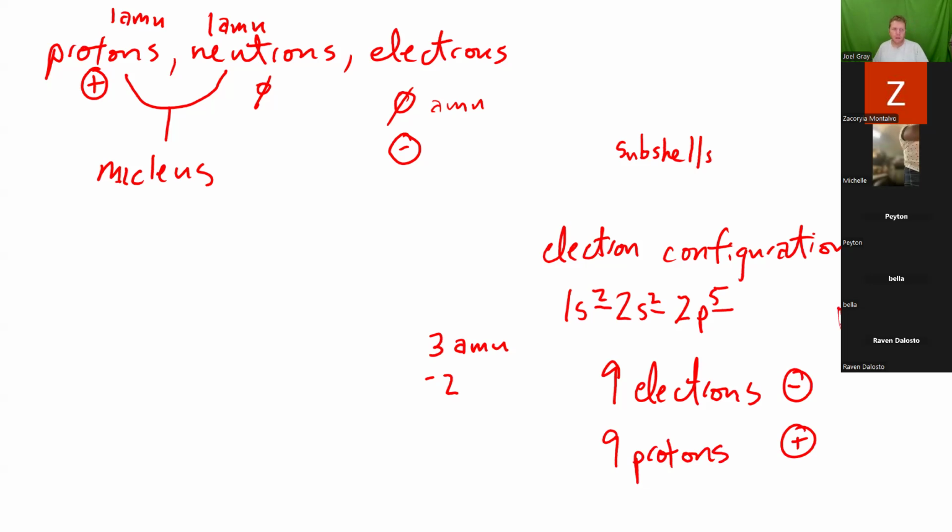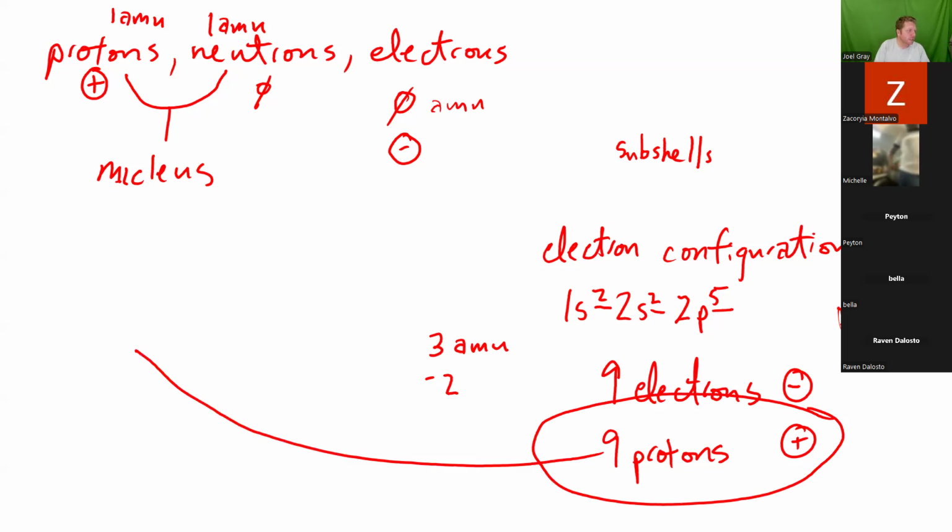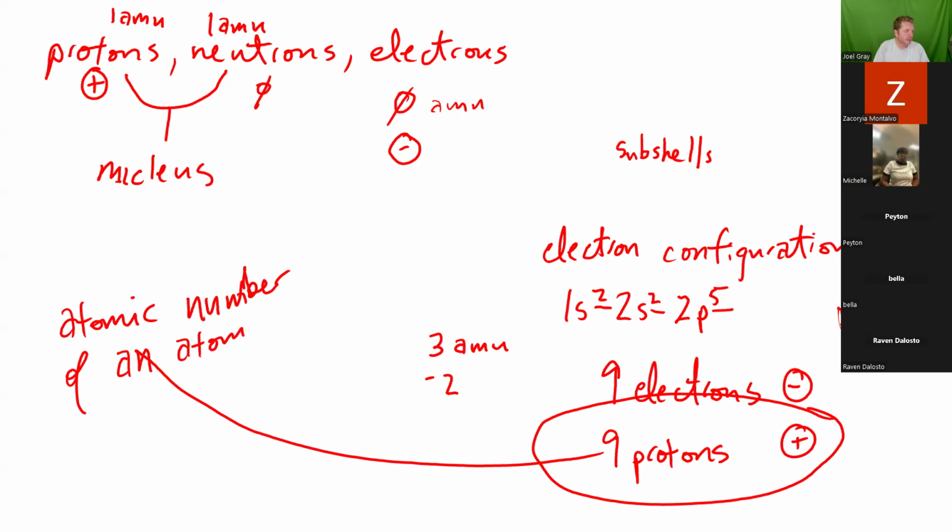That's a completely on the table question for me to ask, because you know that 9 protons, that 9 is the atomic number of an atom. And that atomic number tells you the number. Atomic number is equal to the number of protons. Okay.